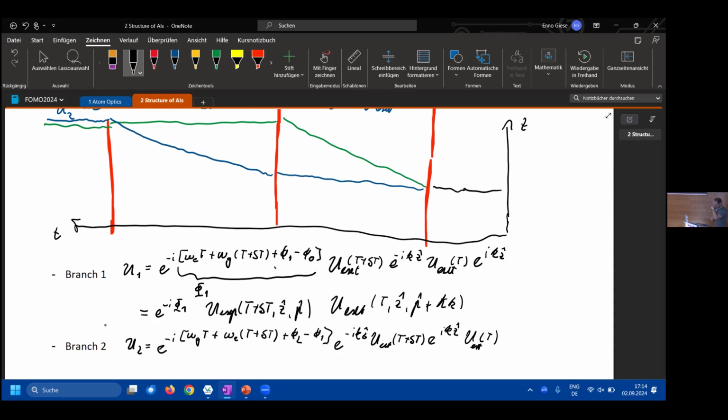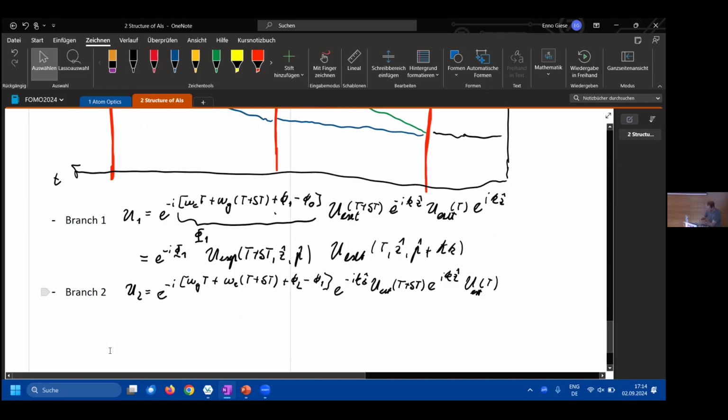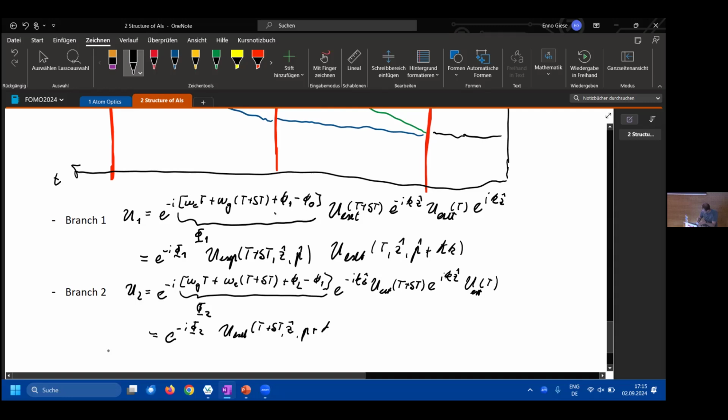Okay? And so, of course, this operator ordering actually is important, and the sequence of it. So we can also just define this as phi 2. And we, again, use the sandwich rule, and we have e to the minus i phi 2 times u external of t plus delta t and z and p plus h bar k.